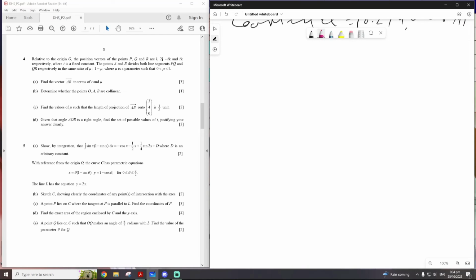(5D), find the exact area of the region. So we are going to integrate x dy. So area equals the integral, but we need to replace dy with something to do with d theta, right?